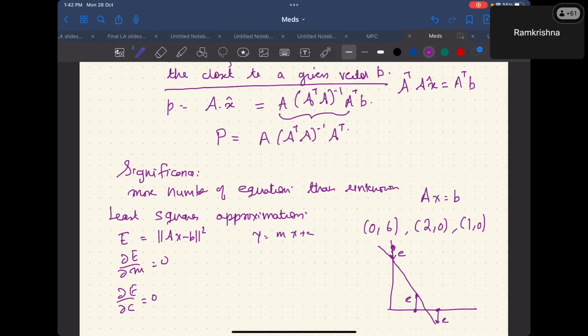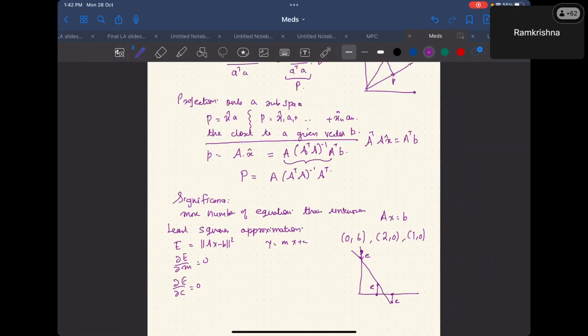Right, so this is where we were, and this also has a direct relation to what we do in terms of the projection matrix. So essentially, solving the least squares also amounts to solving a projection kind of problem.